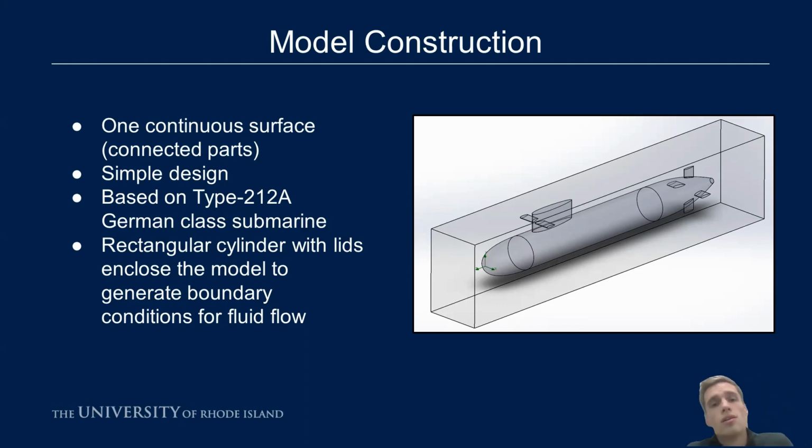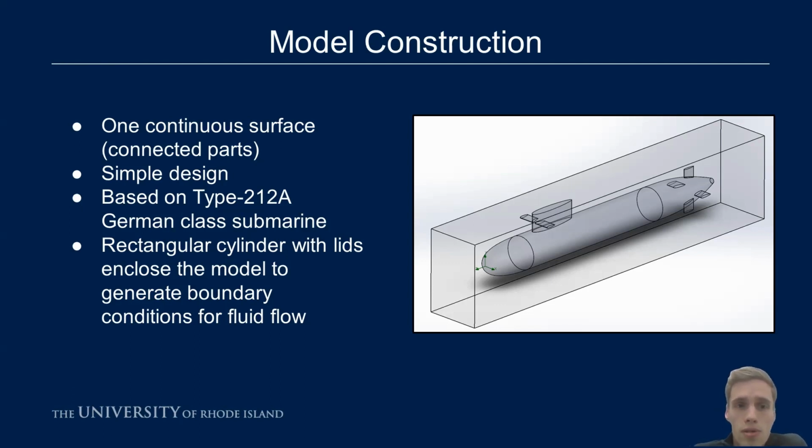In order for the SolidWorks Flow Simulation to work, I needed to create this rectangular cylinder that encapsulated the entire submarine. And within the flow simulation add-in, there is an option to create lids. So adding lids to the front and back end of this rectangular cylinder, you can add boundary conditions to these lids.